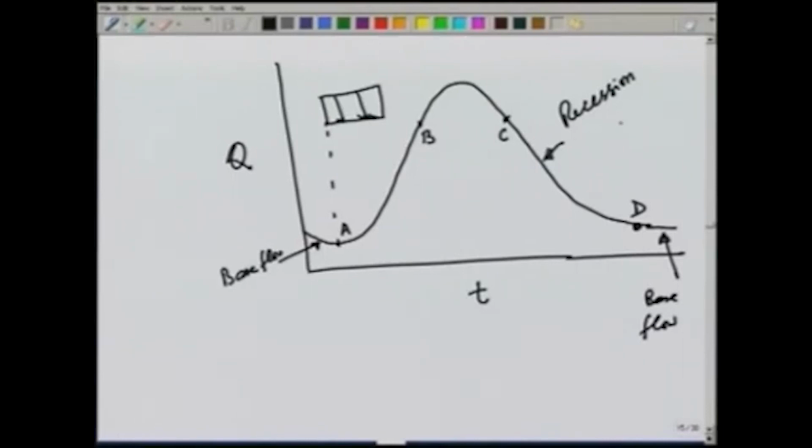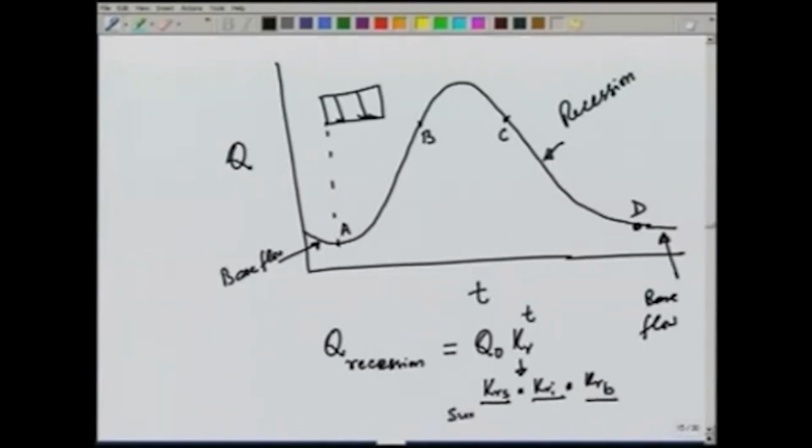So, this recession limb is generally affected by 3 different parameters, and what we say is that Q during recession is typically given by a power law, Q = Q0 Kr^t, where Kr is dependent on 3 different kinds of factors: Krs, Kri and Krb, which are for the surface stream, interflow and base flow.